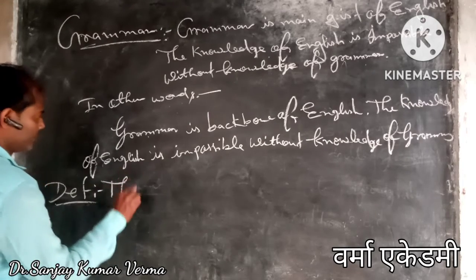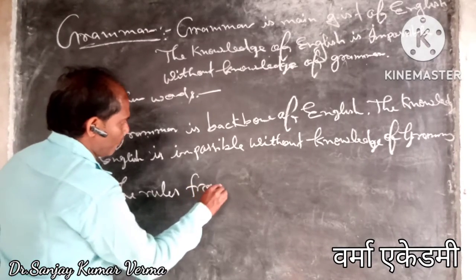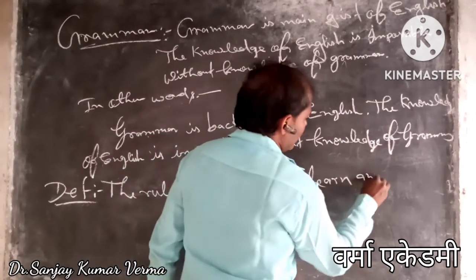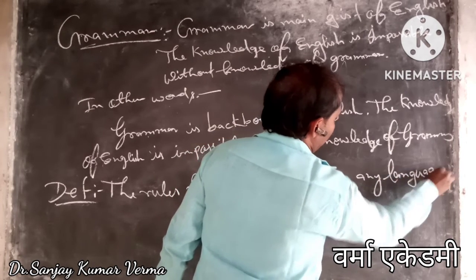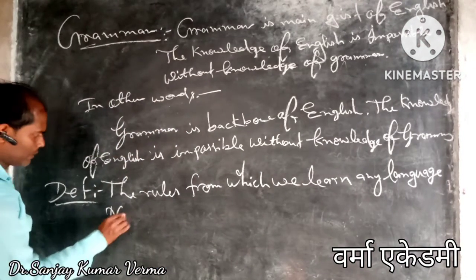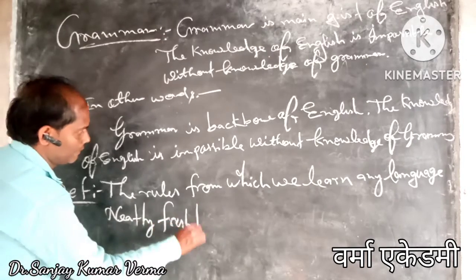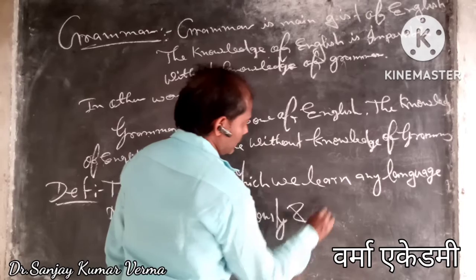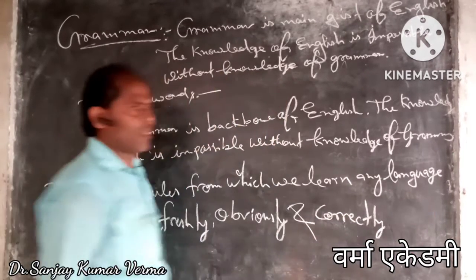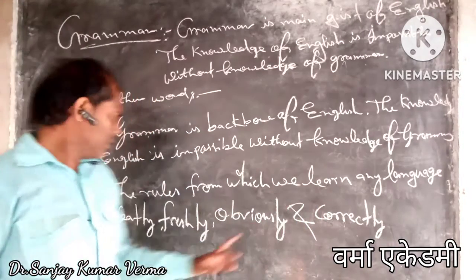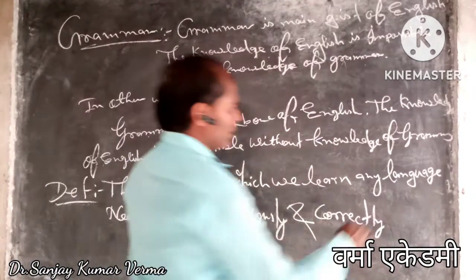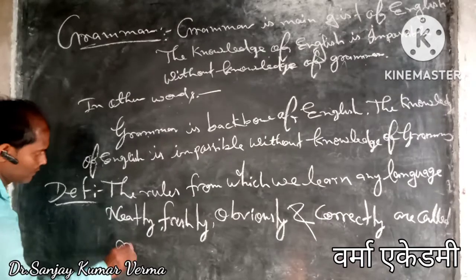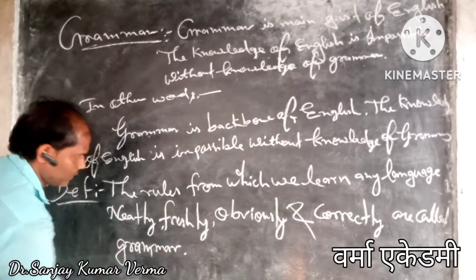the rules from which we learn any language neatly, freshly, obviously, and correctly are called grammar.